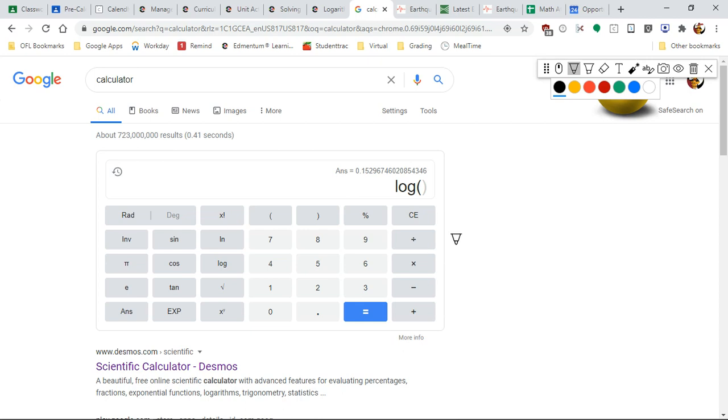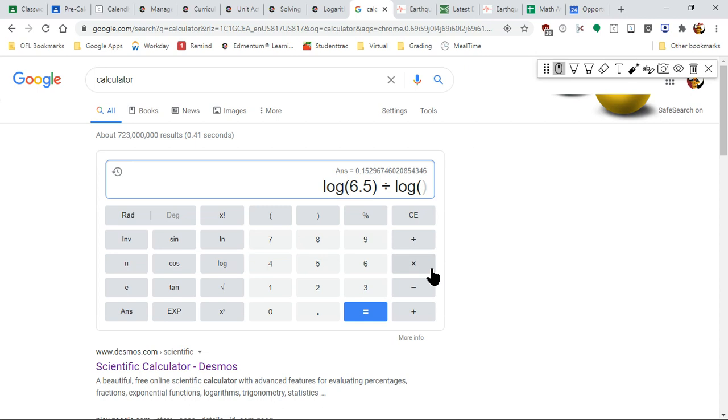So we're just going to do log of 6.5, close that up, divided by log. I keep trying to type in the word log. I keep forgetting it's not Desmos. Log 4.5. Hit that. 1.2 times greater.